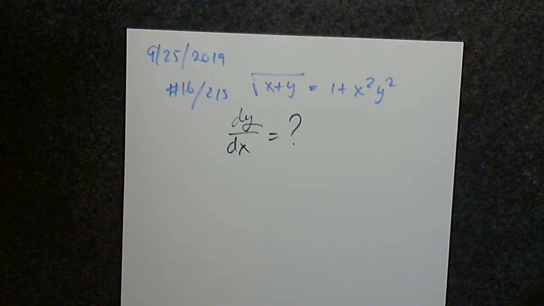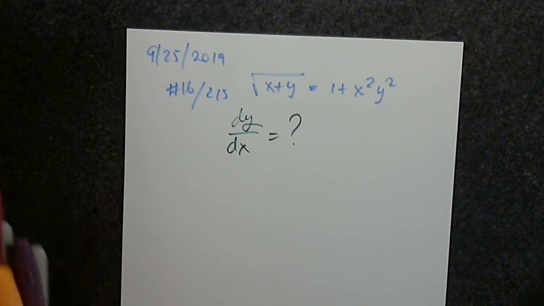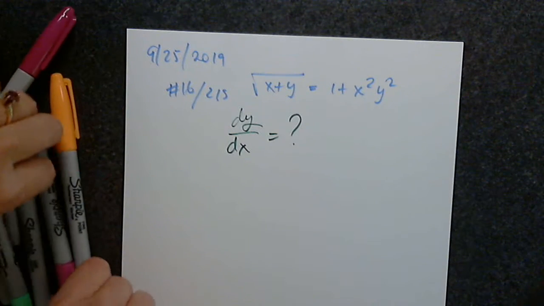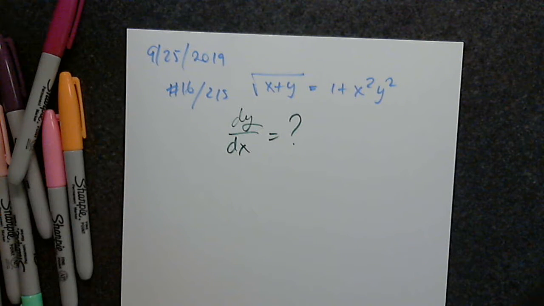Okay. What is my starting point? First of all, I'm going to ask you, what does that mean? We are asked to find dy over dx, and we have a piece of information here. We know that y is a function of x.